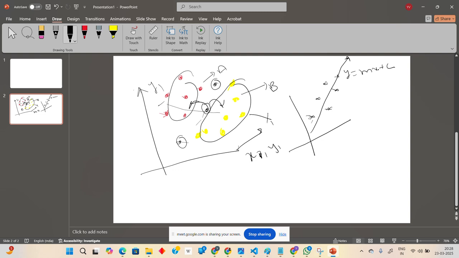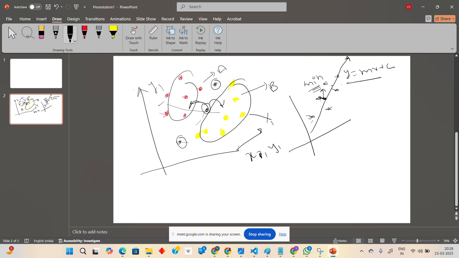I already told that the cost function is the difference between the actual values and the predicted values, and this difference should be minimum. Whichever line gives you the minimum square of errors is the best fit line.